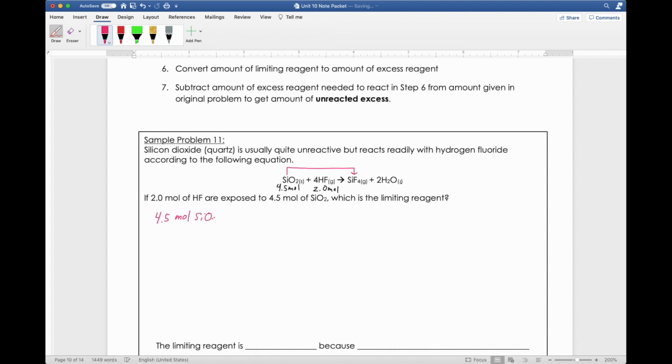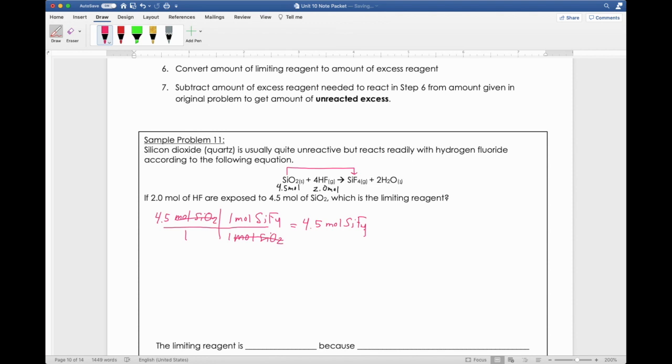Now you could probably do this in your head. I just like to show the work so you can see where I'm getting these from. Looks like 1 mole of silicon dioxide produces 1 mole of silicon tetrafluoride, meaning that you could produce 4.5 moles of silicon tetrafluoride from 4.5 moles of silicon dioxide.